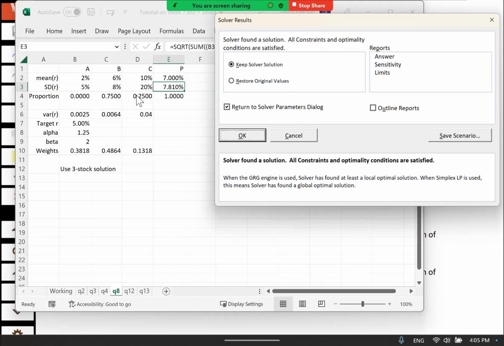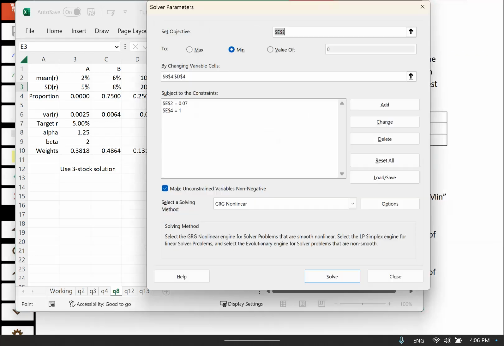And as we move the target return higher to 9% for the last part of the question, we'll find exactly the same situation, except now we'll be much closer to the 10% return in asset C, and we'll find these two proportions here are reversed. We should expect 1/4 in B and 3/4 in C, which is again exactly a linear interpolation between 6 and 10 to get 9%.